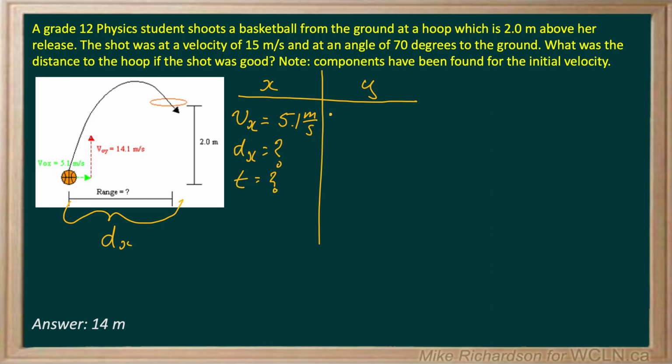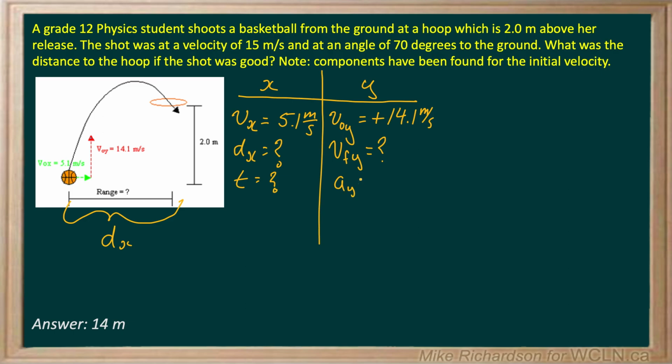Now we go to the y. V initial in the y, well, it's on its way up. You can see the red arrow is pointed up. So it's a positive initial of 14.1. I don't know V final. That's the velocity when it reaches the hoop.